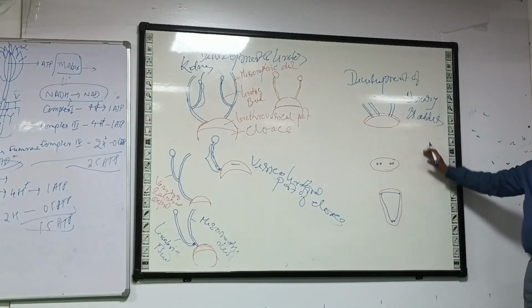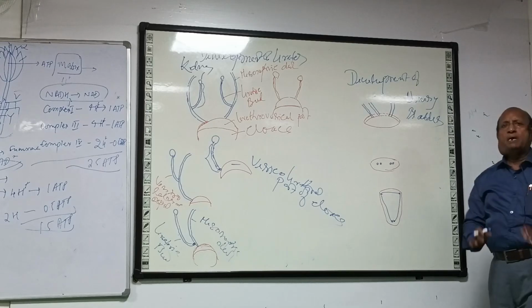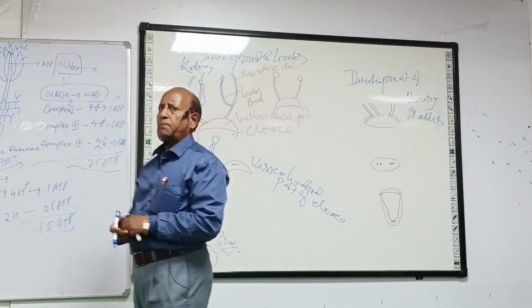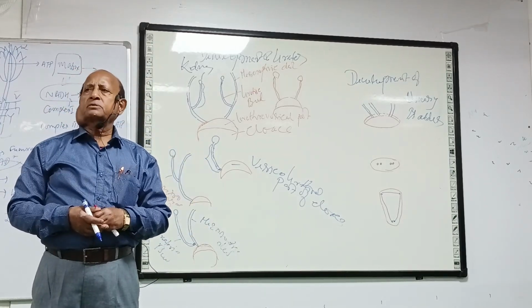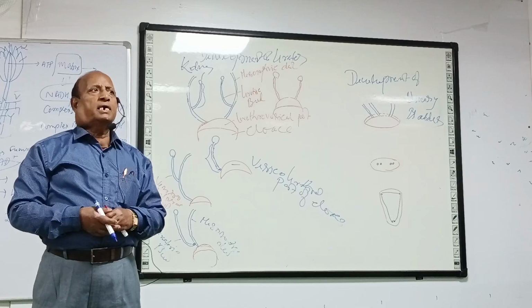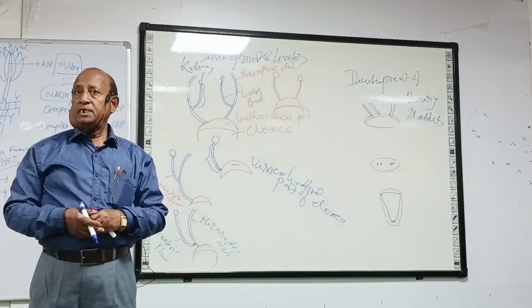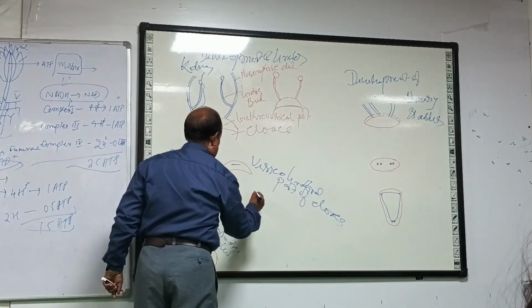Before knowing the development of the urinary bladder, there are some anomalous conditions in the development of the ureter. Sometimes what happens, there is development of 2 or 3 ureters in place of 1 ureter. For that, let me draw a diagram.